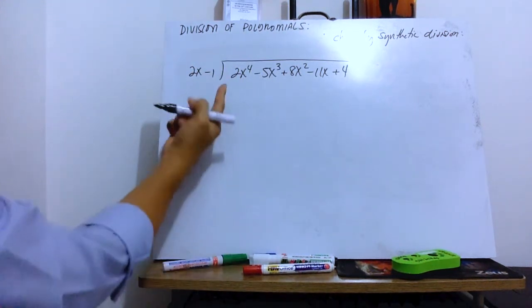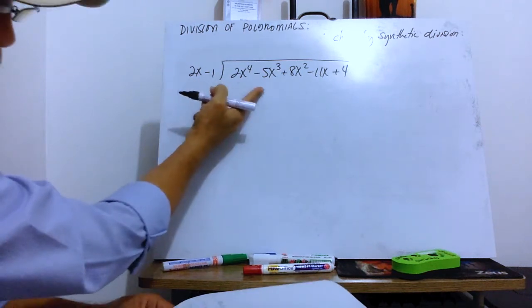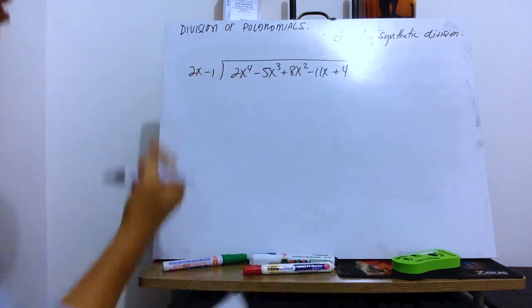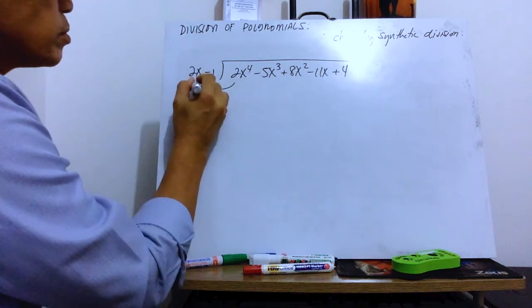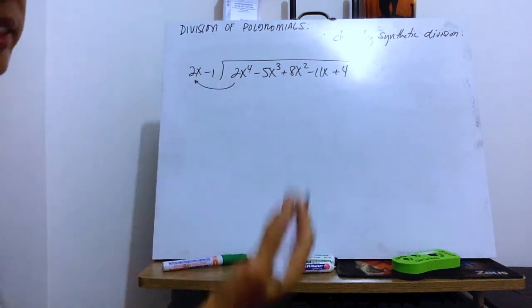Okay, let's check again. 2x to the 4th, 5x cubed, 8x squared, 11x. If you keep on practicing, this is going to be easy.